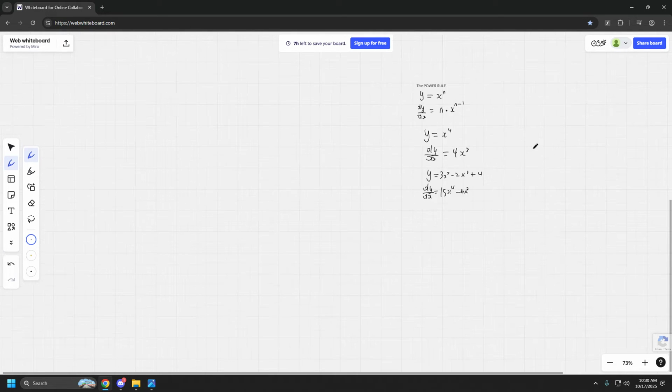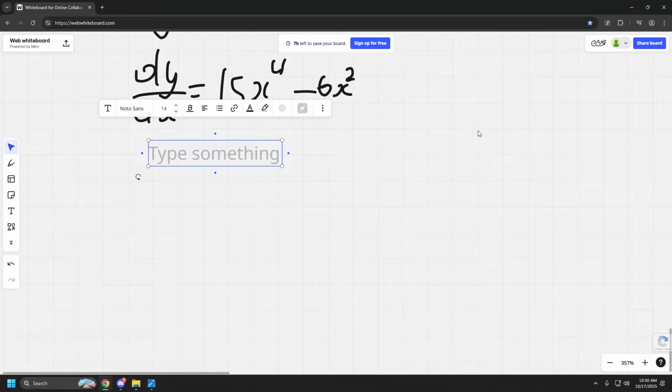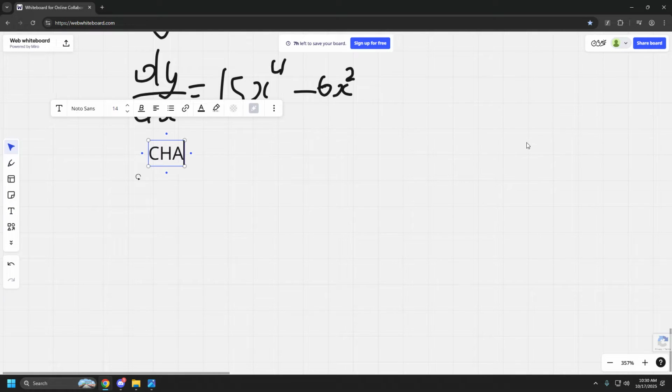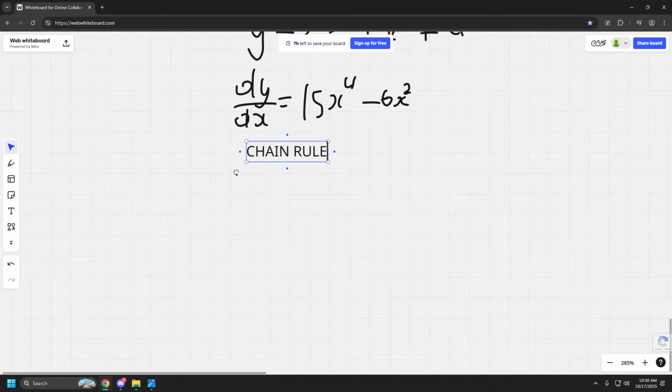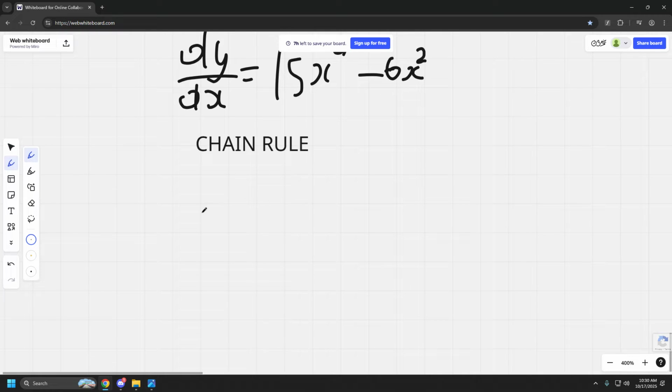And now we're going to be going towards the chain rule. The chain rule is used when one function is inside another. For example, y is equal to (2x plus 3) to the power of 4. This would literally be 2x plus 3 times 2x plus 3, over like 4 times.